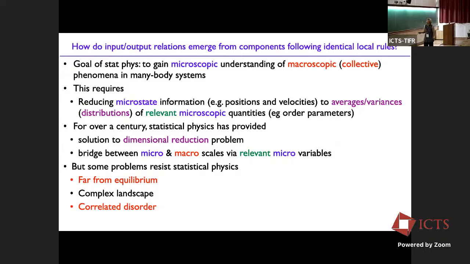And that's a really hard problem. As I said yesterday, it requires reducing an enormous amount of microscopic information just to the relevant quantities. That's a dimensional reduction problem. And we need to have the right quantities that allow us to bridge from the microscopic scale to the collective macroscopic function or desired output. And this is one of those problems that is extremely resistant to statistical physics methods that people have developed over the last century. The reason is that for this problem, we're far from equilibrium and we have correlated disorder, as I talked about yesterday.